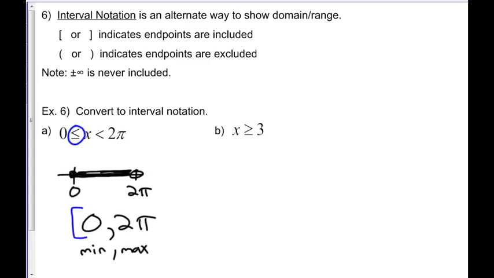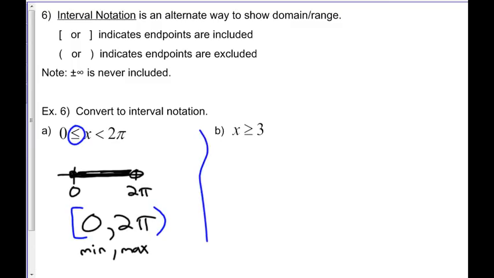Absolutely, it's got an equal sign. Is the 2 pi included? No, it doesn't have an equal sign. There's no equal sign there, therefore we're not going to include it. That's just the way of showing that interval using this different notation called interval notation.